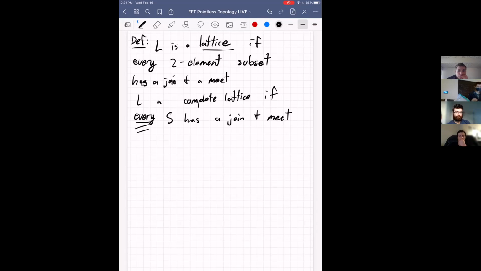This idea is mirroring what we had before: somehow the join and meet are union and intersection, and if we have two sets, we can always take their union and their intersection.